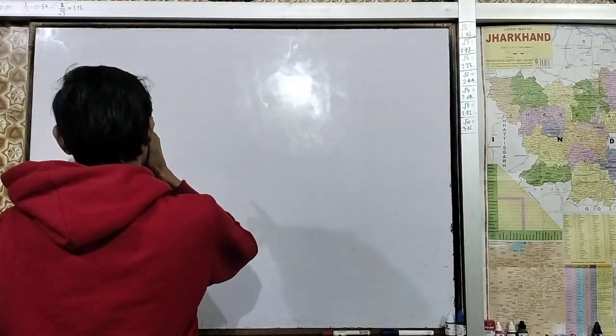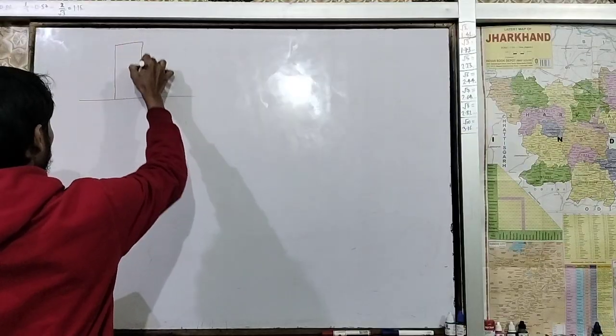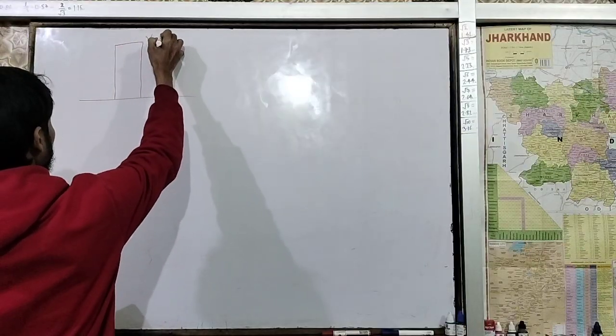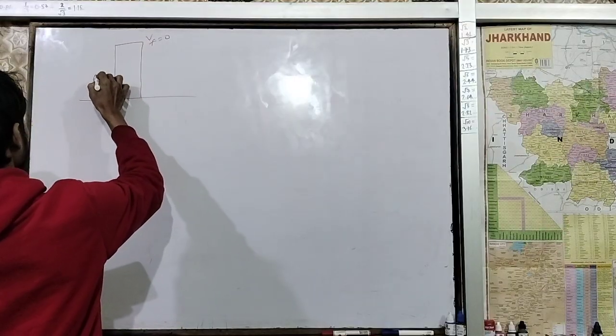The first figure is like this: VF is 0, initial is 60.